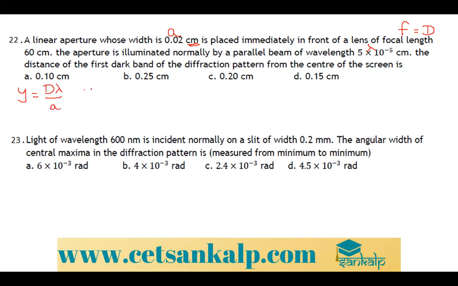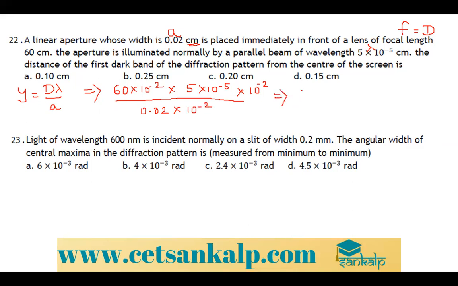So I'm going to substitute the values. So 60 into 10 to the power minus 2 into 5 into 10 to the power minus 5 into 10 to the power minus 2 whole divided by 0.02 into 10 to the power minus 2.